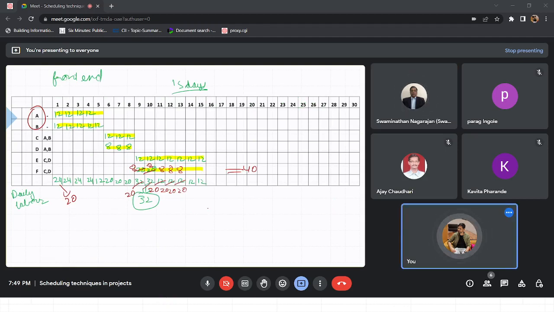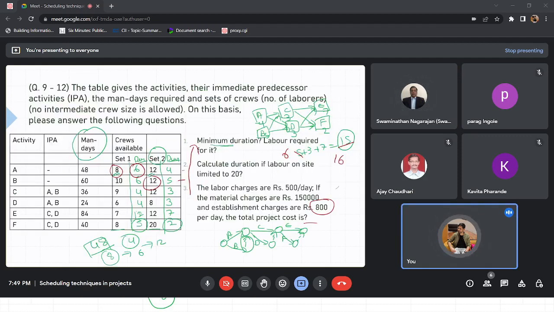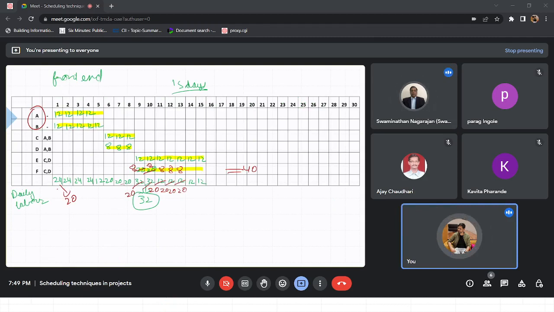With labor, we can just sum this up. Another thing you will see is that you don't actually need to sum that for each and every condition. If you total this, the daily labor requirement sum would be the same.